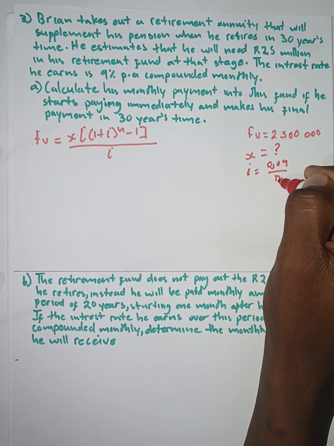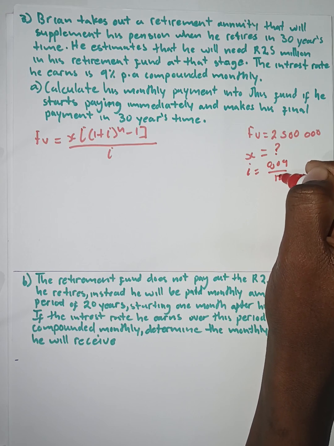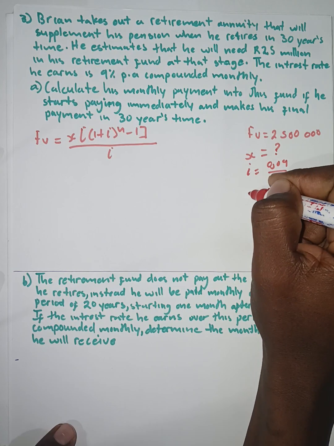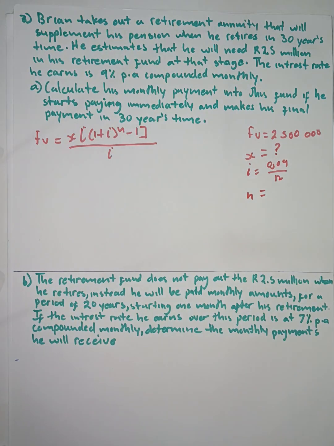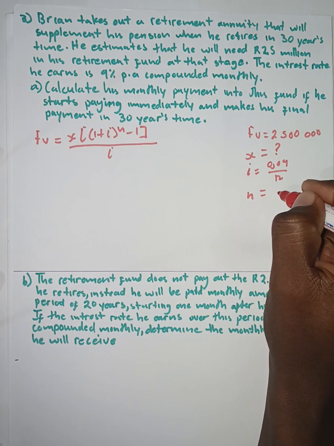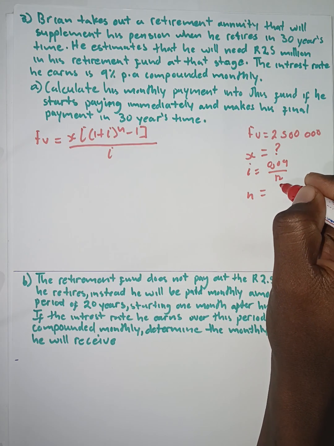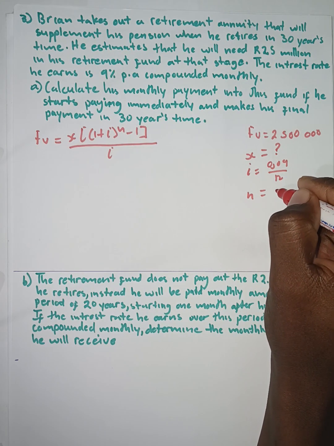In a year we have 12 months, so in a year he would make 12 payments. To find the number of payments in 30 years time, you take 12 and multiply it by 30, to get the number of payments that Brian must pay.